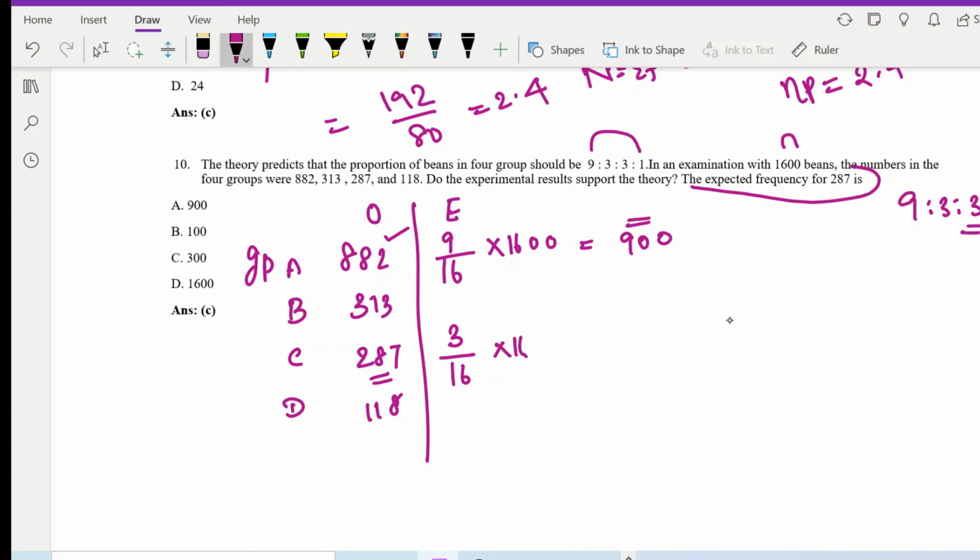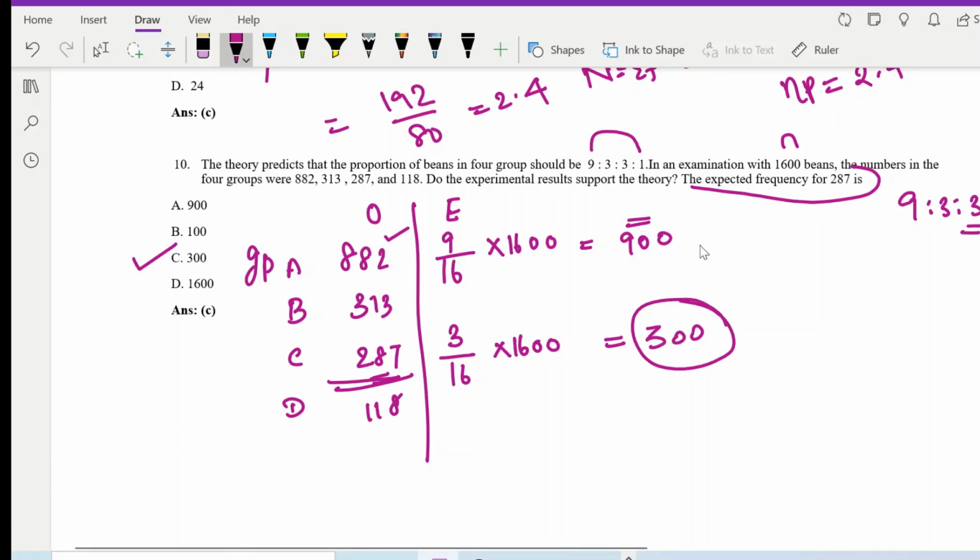For 1600 beans, that is 300. So 300 is the expected frequency for 287. Option C is correct. We'll see more problems in the next video. Thank you.